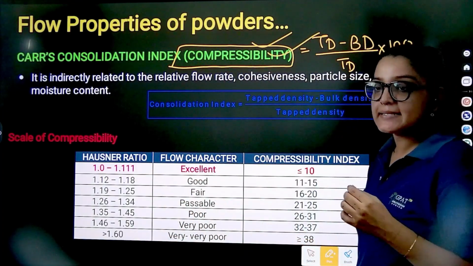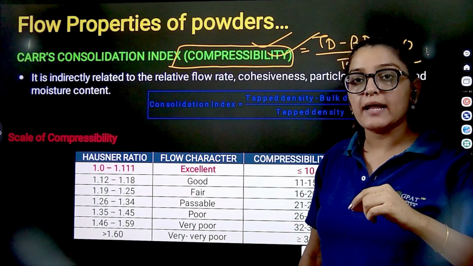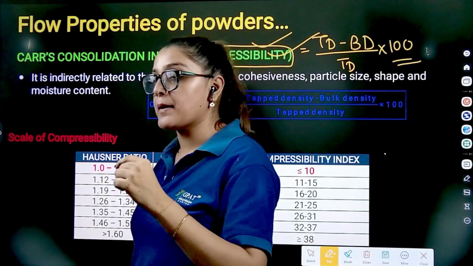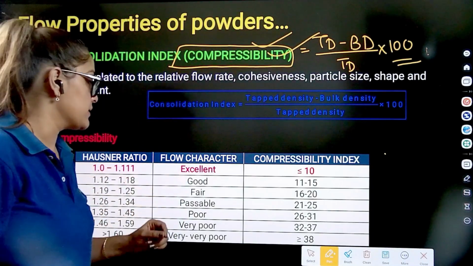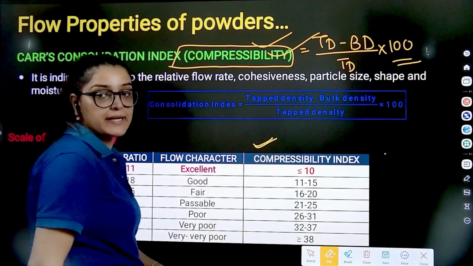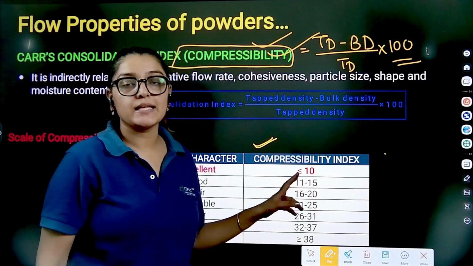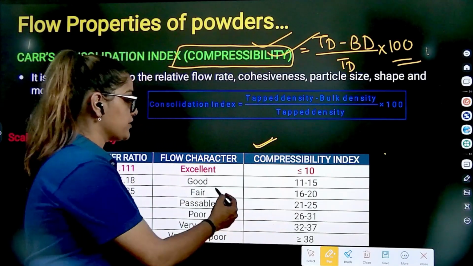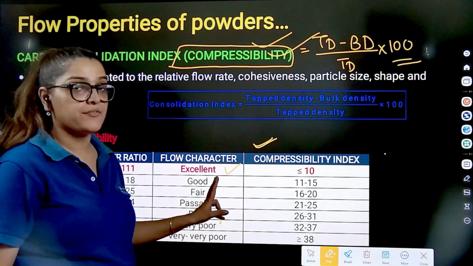Okay, Carr's index has multiple values. Based on its values, we evaluate whether the powder flow is poor, good or passable. For example, for the compressibility index, if the value is less than or equal to 10, we have an excellent flow.